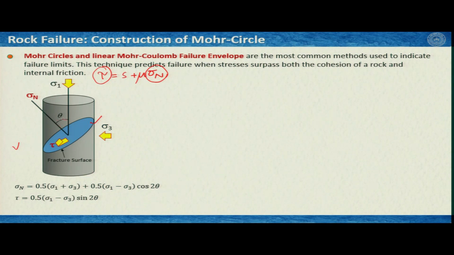This fracture makes an angle with sigma 1, and say this angle is theta. Now, from stress analysis we know that we can calculate sigma n and tau once we know sigma 1 and sigma 3. So, to figure out the cohesion and mu, we need to plot tau versus normal stress.